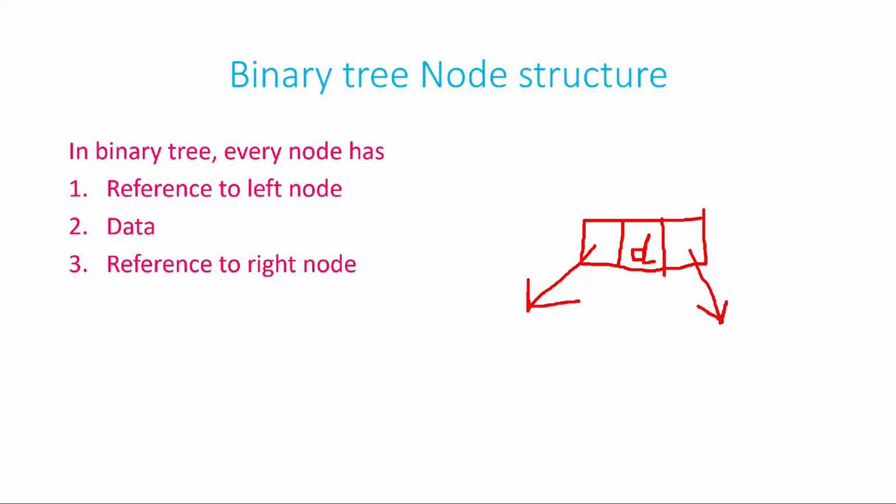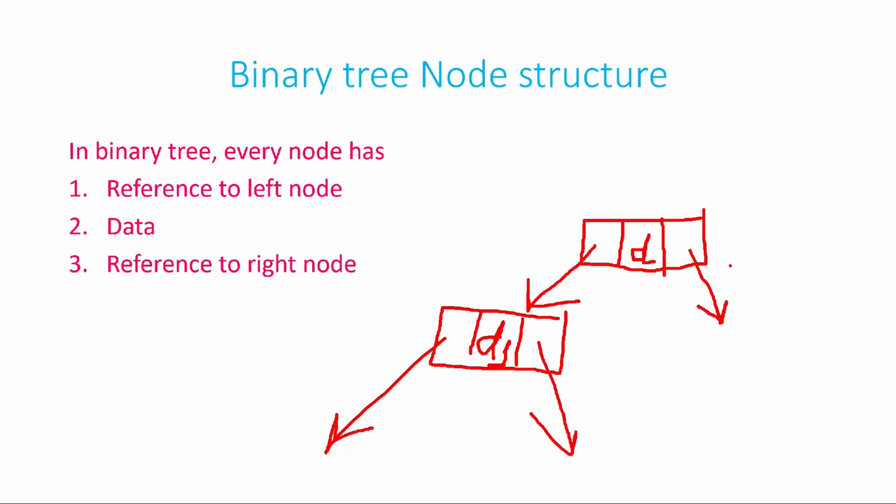So every node will have three things: reference to left node, data, and reference to right node. Now again you have its child. This is called the left child. Again it will have some data, let's say D1. Again it will contain references to its children, and so on. So this is the structure of each node in the binary tree.